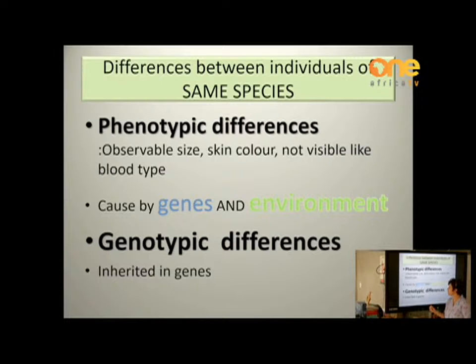The blood type is caused by the genes. When we look at the phenotype, it can be caused by the genes, but also by the environment. Because I can have a nice dark skin, but it is because I am all day in the sun. That is environment. My genes tell me what is my blood group, and the environment cannot change my blood group. That is only by the genotype.